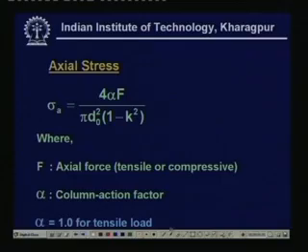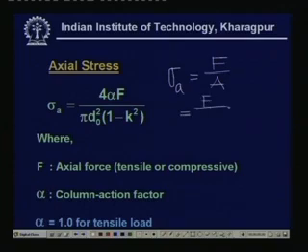This is purely sigma axial equals F divided by A, simply F divided by A. Now, we know the area of cross section will be pi by 4 into (d0 square minus di square).